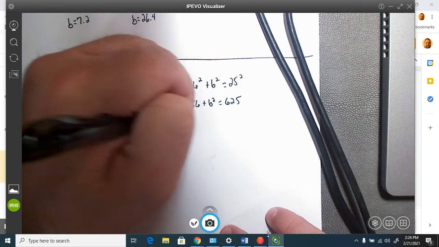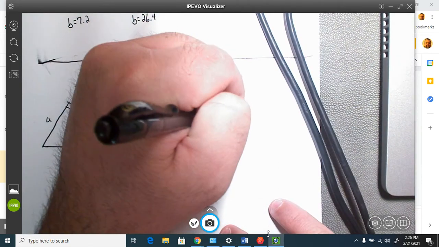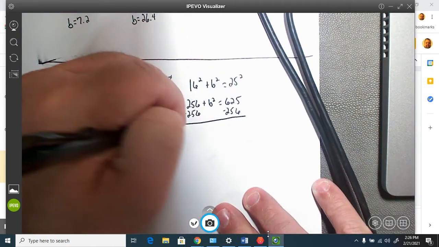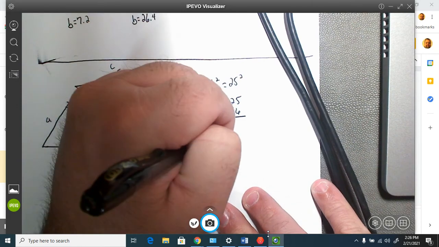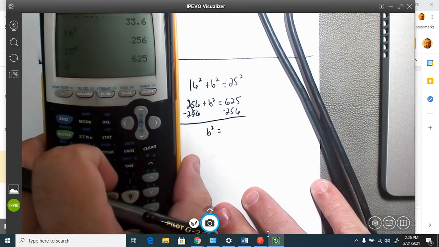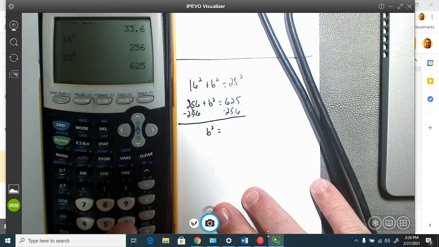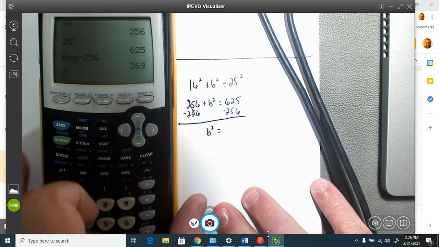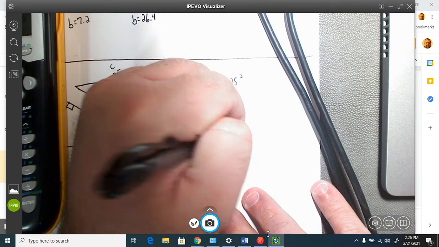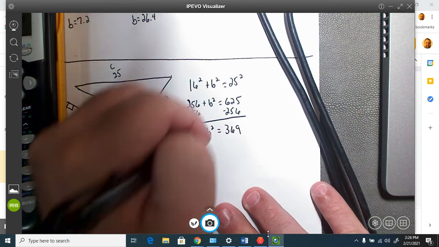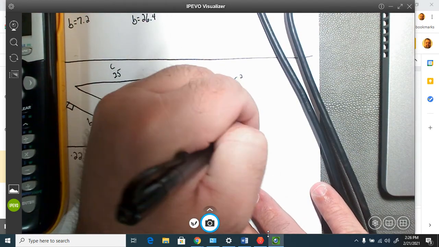So again, I'm going to subtract 256 from both sides. And once you do plenty of these, you kind of start to know how things go here. So I'm going to do 625 minus 256 equals 369. Now I'm going to take the square root of both sides.